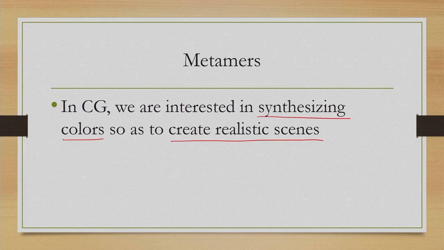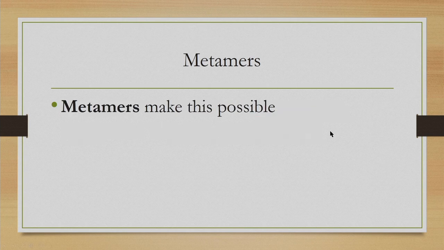Our sole objective is to be able to synthesize the color, so that the resulting scene or image looks realistic. We can do that with the idea of metamers and the overall theory of metamerism. How can we do that?